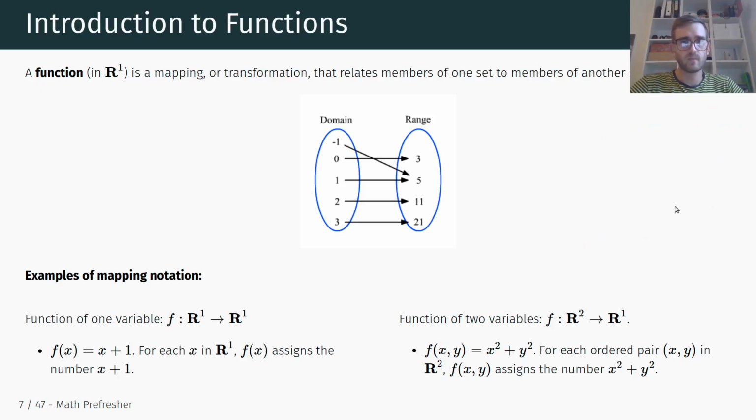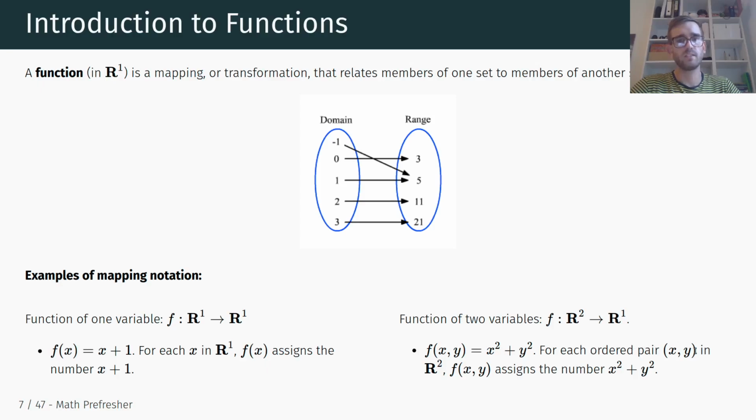In general, this mapping doesn't always have to be from a unidimensional space like R1 to another unidimensional space. It could also be from R2 to R1. In this case, we have a function f of x, y, a function of two inputs, x and y, that is defined as x squared plus y squared, right?